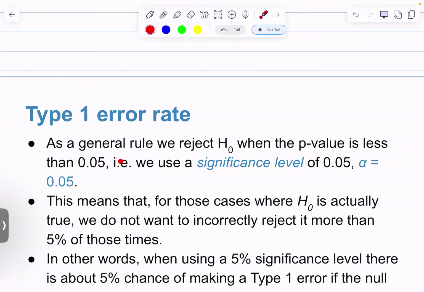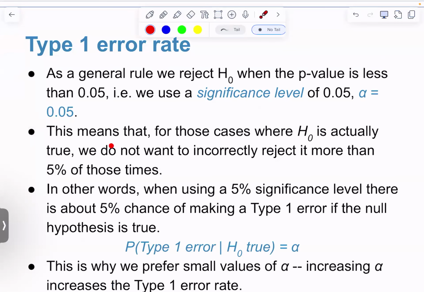So as a general rule, we reject H naught when the p-value is less than 0.05, okay? Or we use a significance level of 0.05, or alpha is 0.05. Like I said, that's our default. A lot of questions will say use an alpha level of 0.1 or use an alpha level of 0.01, right? So that'll just determine what your cutoff is.